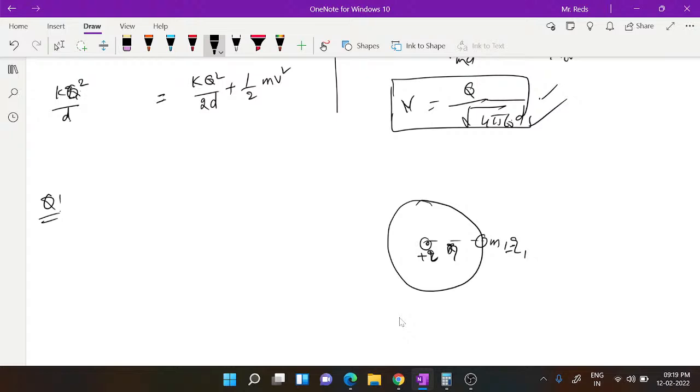If you want to know the time period, if you can find the angular velocity, you can find it. Otherwise, the time period is nothing but the time taken to complete one revolution around the circumference. So T is equal to distance traveled by velocity.